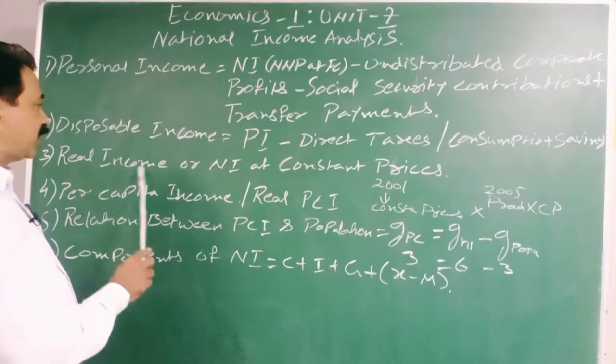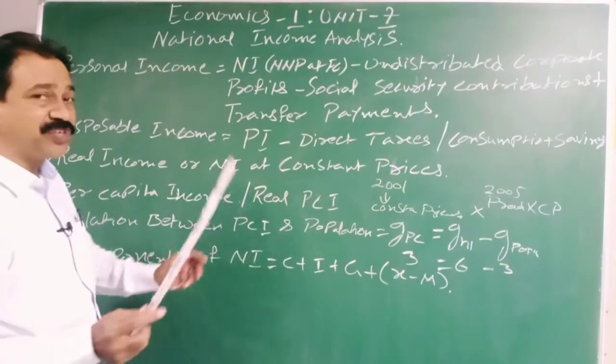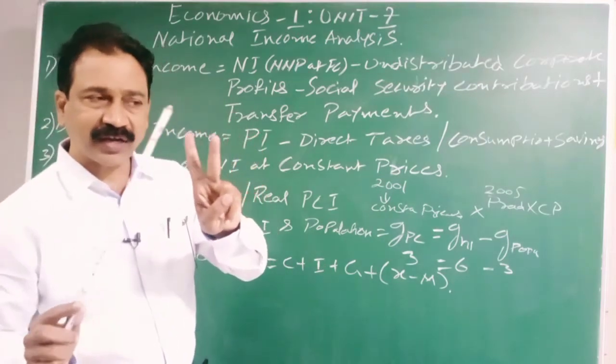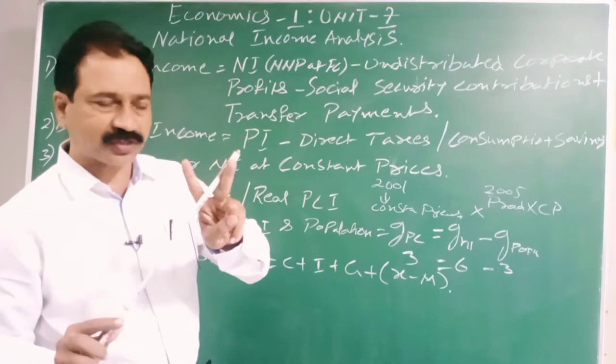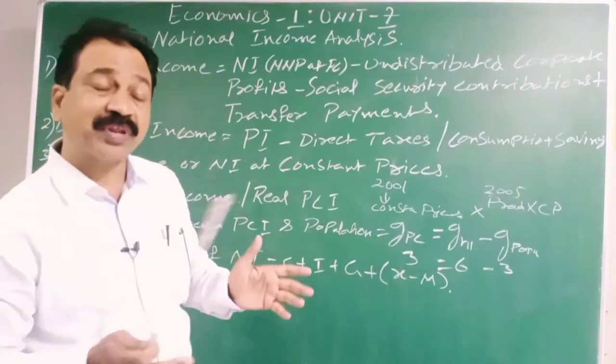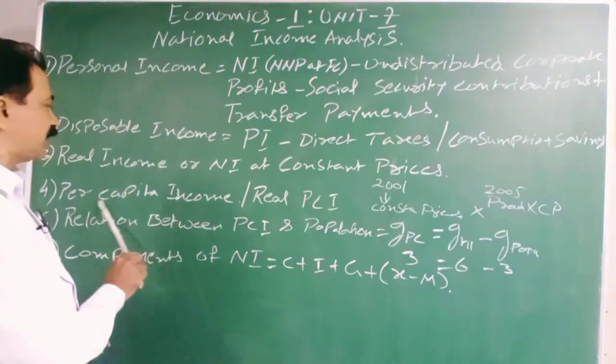Here we have seen real income or national income at constant prices. So national income is of two types, in current prices and in constant prices. You got it? In current prices, whatever the national income is divided by the population, you will get per capita income.